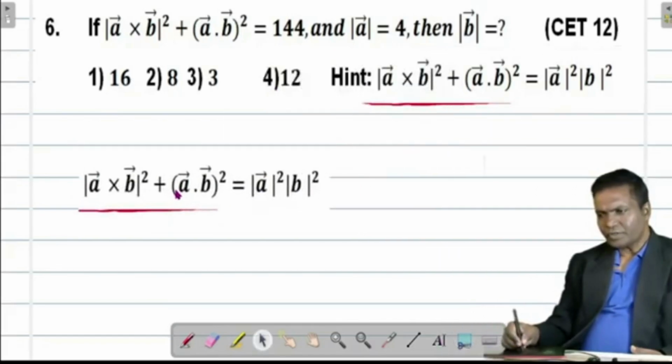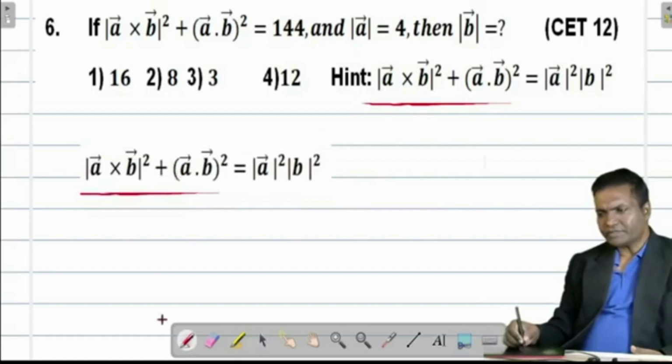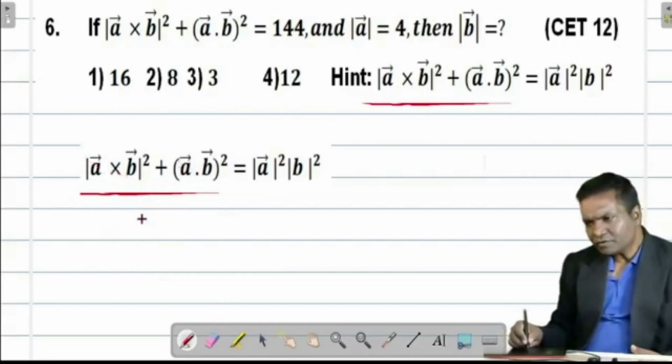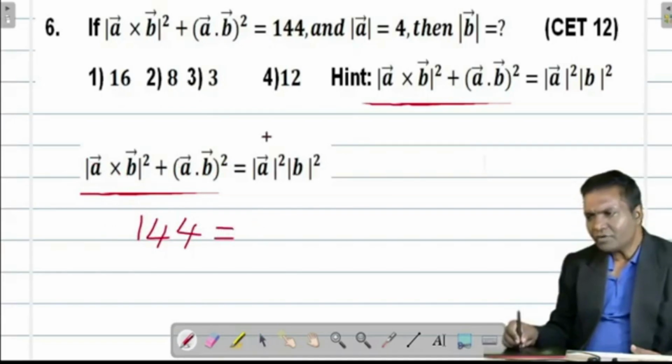So this is your result. You make use of this. What is given is that the sum of these two is 144. So this implies 144 equals 4 square into magnitude of B square, which is asked.